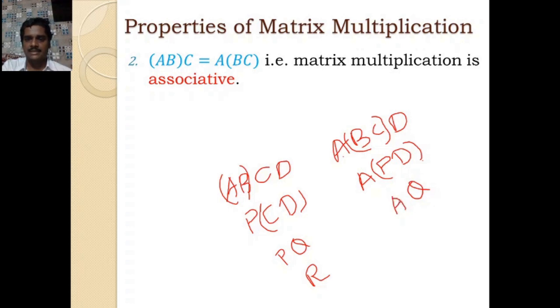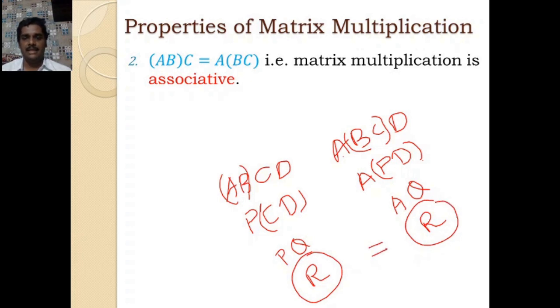And you multiply this AQ after that, which gives you the result R. So this R which you are getting here and this R which you are getting here will be the same. Both will be equal. And that is happening because of this associative property. I hope the importance and the idea is clear. Let's see the next.